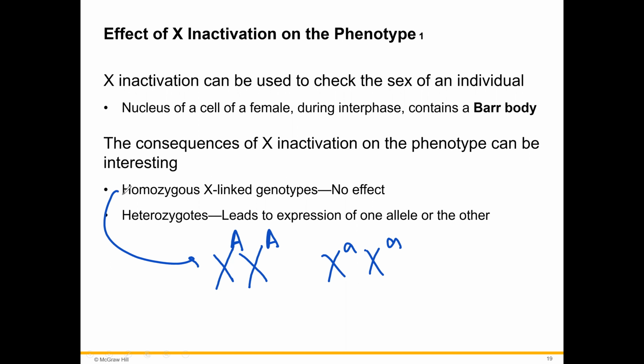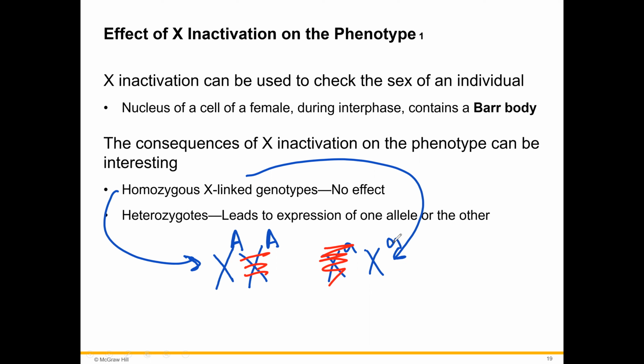Then it doesn't matter which X chromosome we inactivate. We can inactivate this one, and all cells will still have the dominant allele, or we can inactivate this one, and all the cells will have the recessive allele.